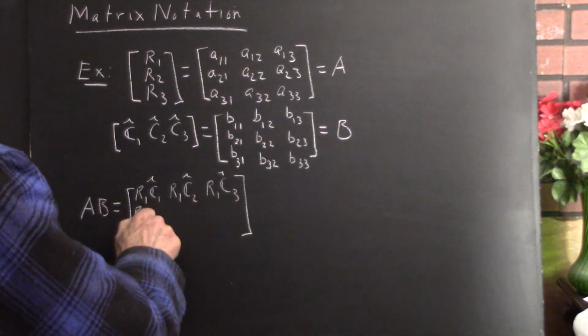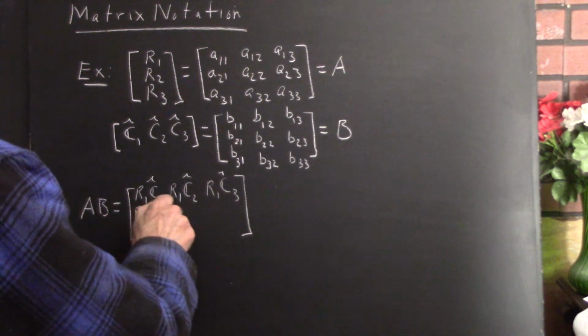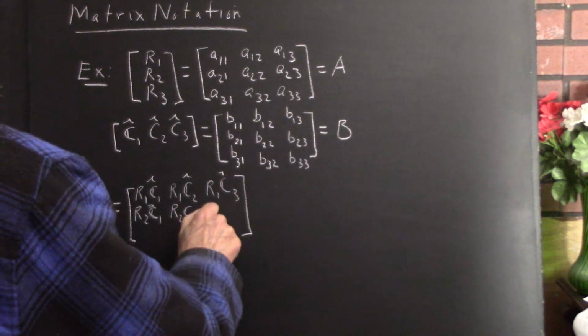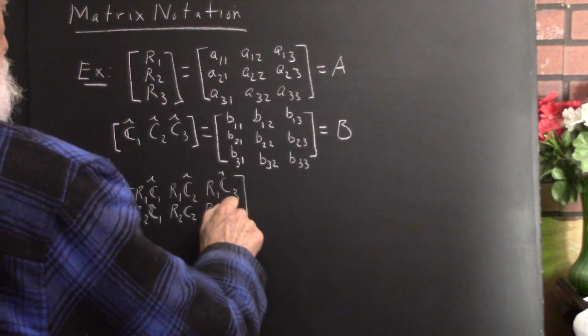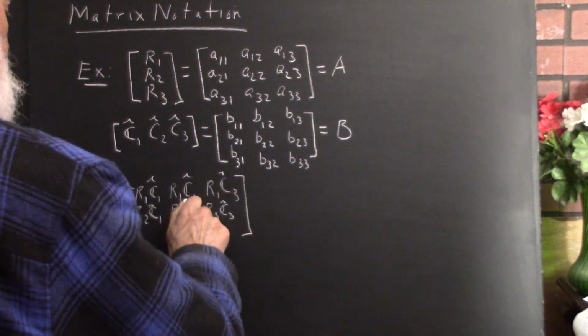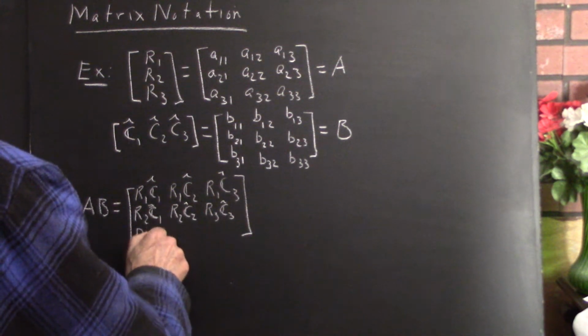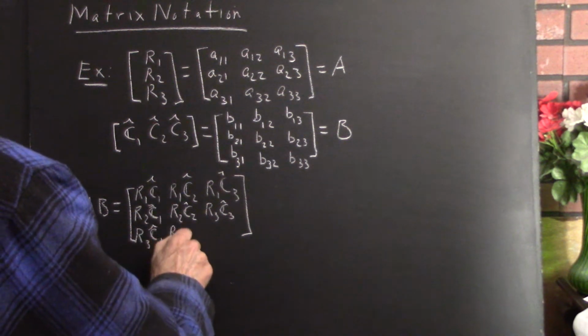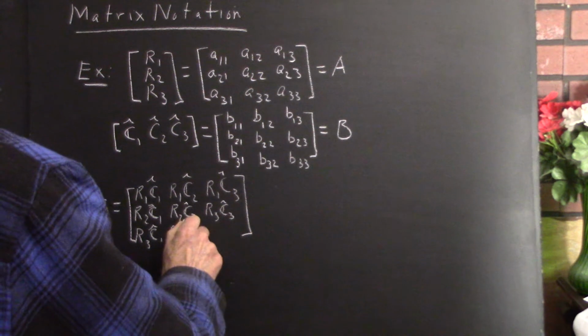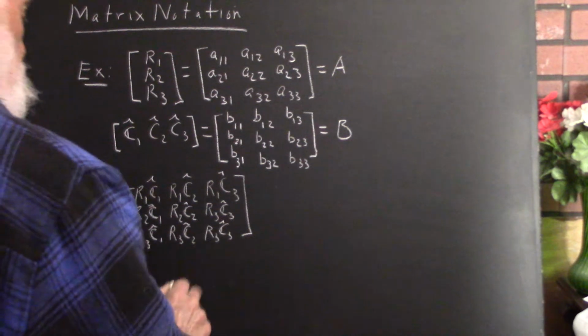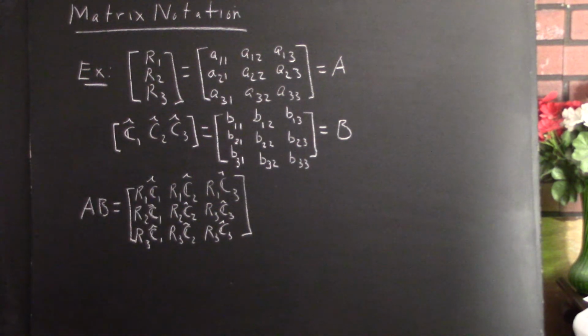Then row 2 times column 1, row 2 times column 2, row 2 times column 3, and then row 3, column 1, row 3, column 2, row 3, column 3. Notice that the subscripts match the subscripts that we see here. Okay?